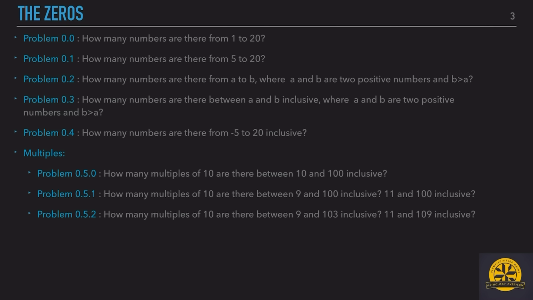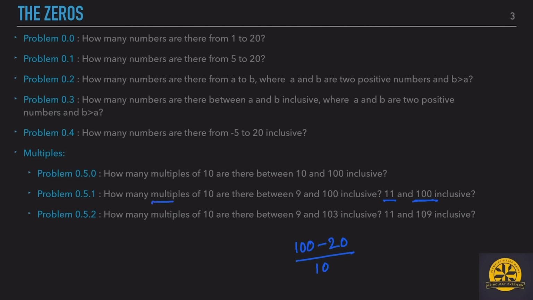A very important note for the students over here. Many people create some sort of a wrong approach or a wrong trick or a wrong shortcut by blindly writing 100 minus 20 by 10, where 100 is the upper multiple, 20 is the lower multiple over here, which is greater than 11.